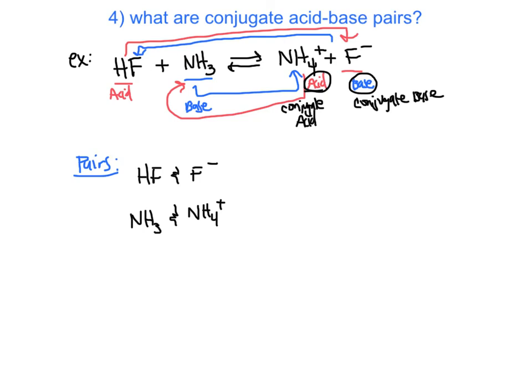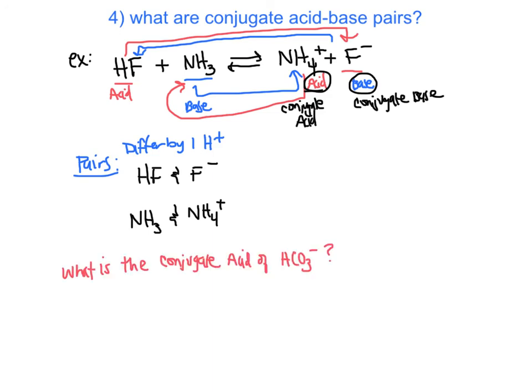The conjugate acid-base pairs are the things that differ from each other by 1 hydrogen. So hydrogen fluoride and fluoride ion are your conjugate acid-base pair because they differ by the presence of only 1 hydrogen ion. Ammonia and ammonium differ by 1 hydrogen ion and are therefore conjugate acid-base pairs as well.